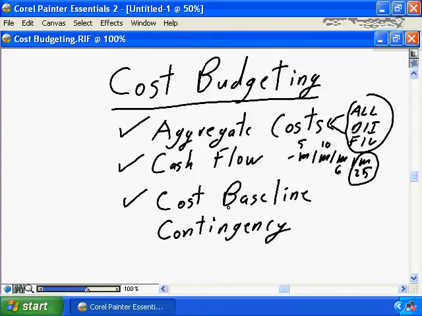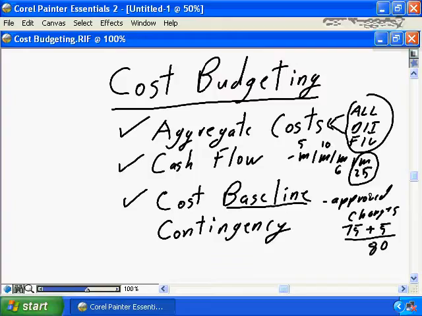The baseline is a fixed number. The baseline is the number against which you are going to be measured. The only way your cost baseline can change is with approved changes. So if your baseline was $75,000 and you had to approve changes for another $5,000, your revised baseline, and it's only revised because of approved changes, will be $80,000.